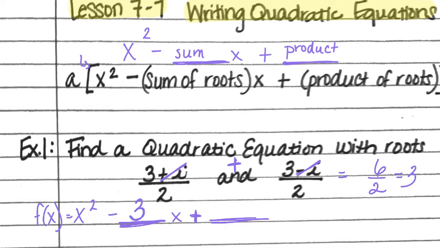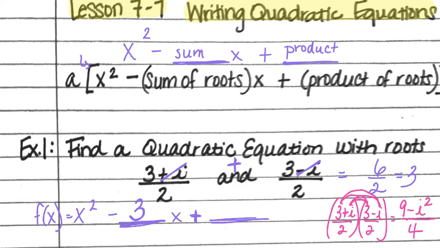Now I'm going to go ahead and multiply over here. 3 plus i over 2 times 3 minus i over 2. Well, 2 times 2 is 4. That's the bottom. 3 times 3 is 9. Notice the outer negative 3i and inner positive 3i will cancel out, and the last term is negative i squared.